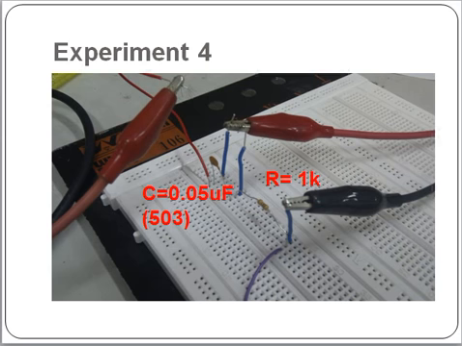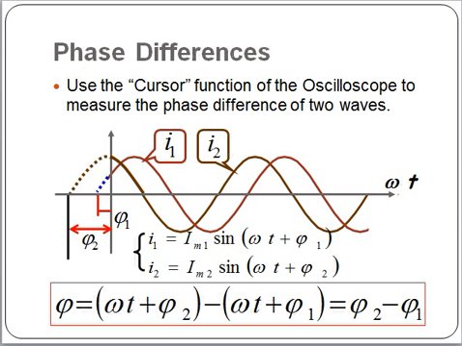On the oscilloscope, you may see signals like this. You have to determine which is the leading signal and which is the lagging one. In this case, note that I2 is leading because it starts earlier than I1.